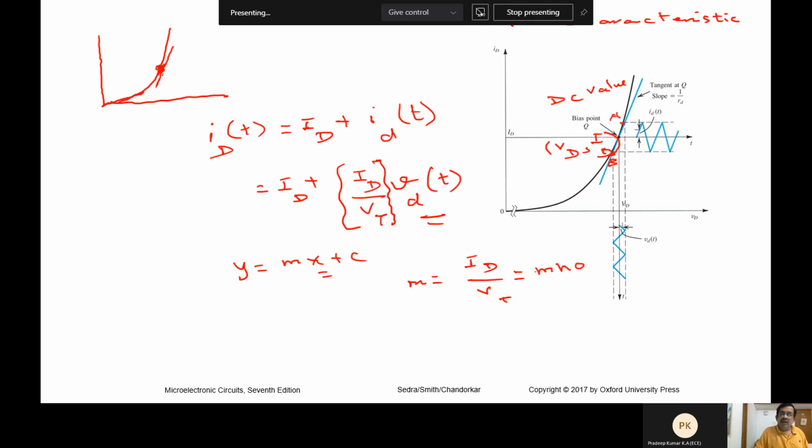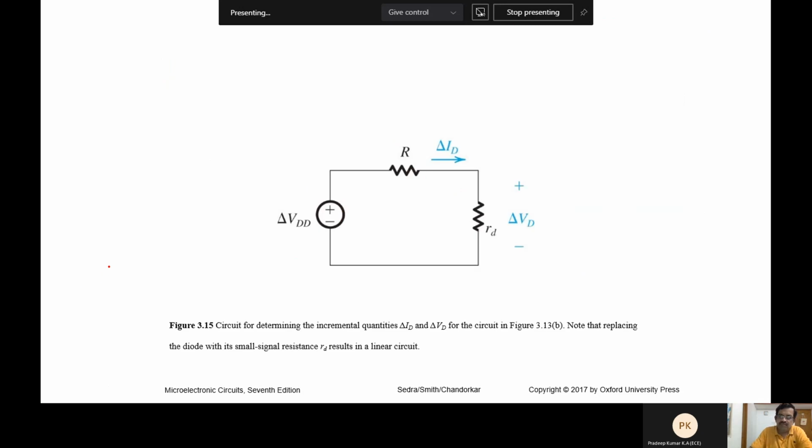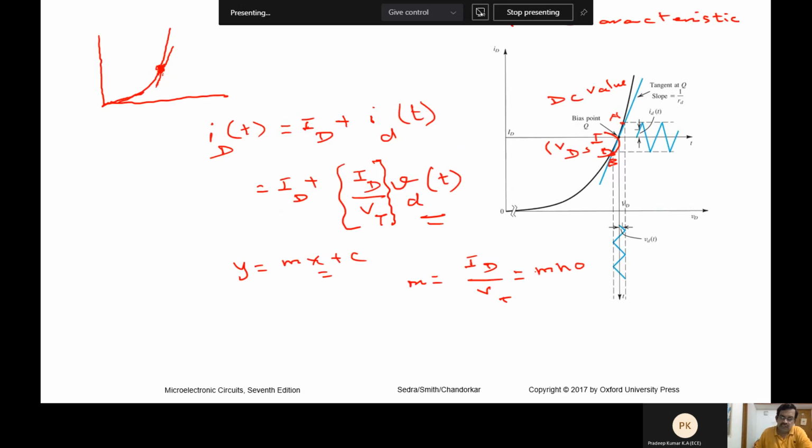And then the consequences, as I said. One is that we have found a method to perform linear analysis through the inclusion of small signal resistance.